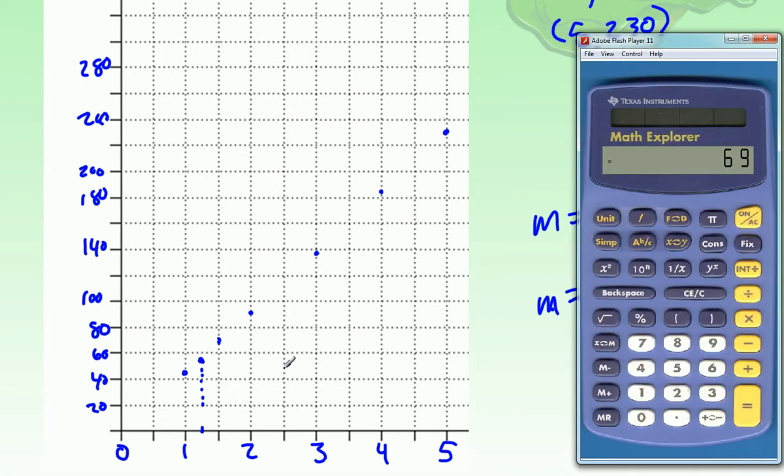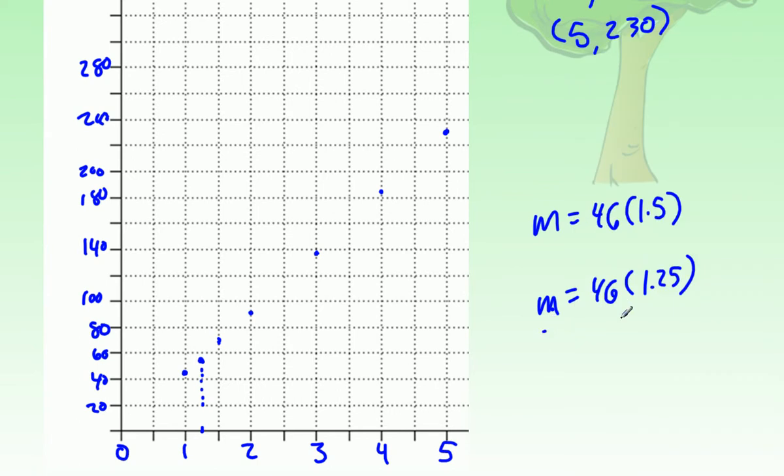I'm thinking it's going to be about 65. I'm sorry, 55. 57.5. Okay, so this graph, even if you pick numbers that are not 1, 2, 3, 4, 5, it should still follow along this line.